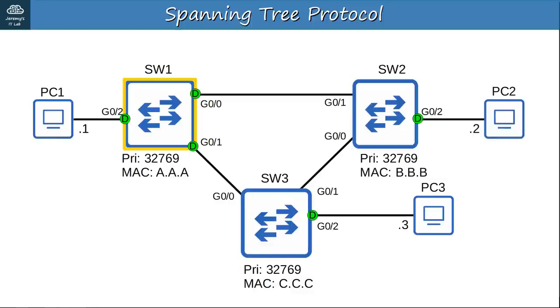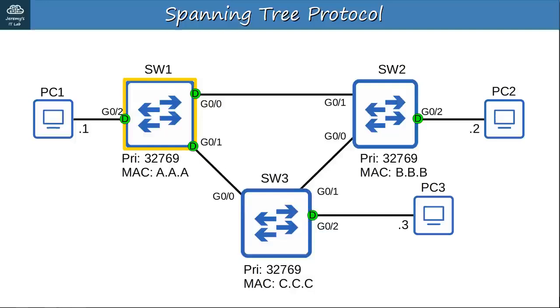So let's look at this topology again. We'll just be looking at the STP topology for a single VLAN, VLAN 1. So the priority for each switch is 32769. But if there are multiple VLANs, say VLAN 1, VLAN 2, and VLAN 3 in this network, the priority would be 32770 for VLAN 2 and 32771 for VLAN 3, etc. We could also change the bridge priority on the switches for a specific VLAN.